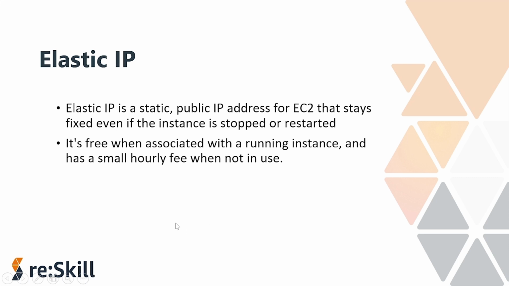When you create an EC2 instance, it's assigned a dynamic IP address by default. This IP address can change several times when you stop or restart your instance. So to use an Elastic IP address, you need to allocate one and then associate it with your instance.